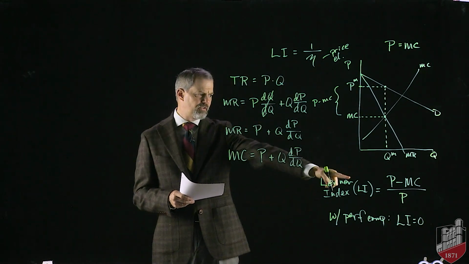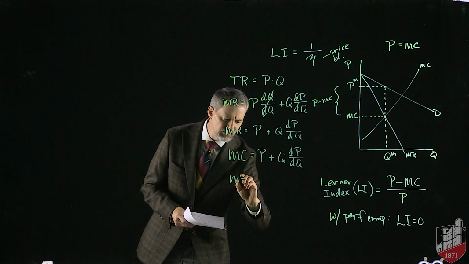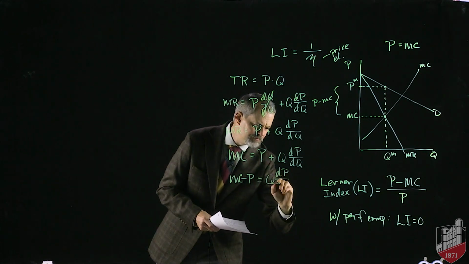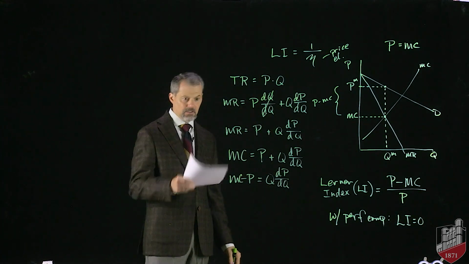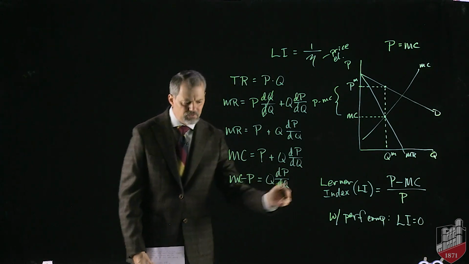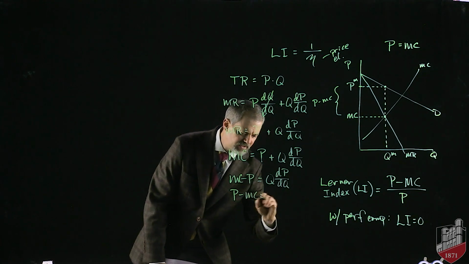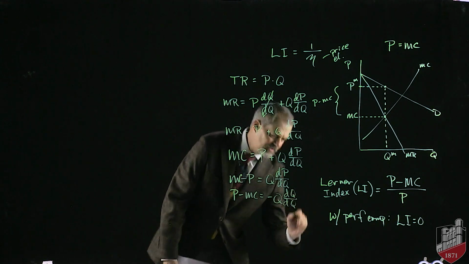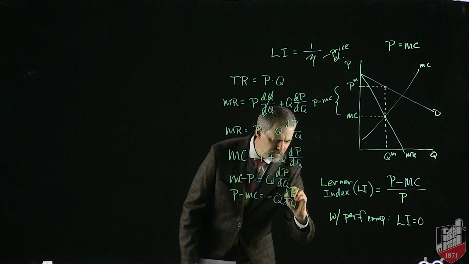So I'm going to say marginal cost minus P is equal to Q dP/dQ. Next, I need price minus marginal cost instead of marginal cost minus P. So I'm going to multiply everything by -1. So I get price minus marginal cost equals negative Q dP/dQ.